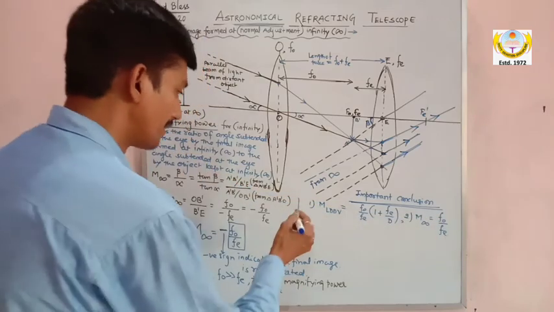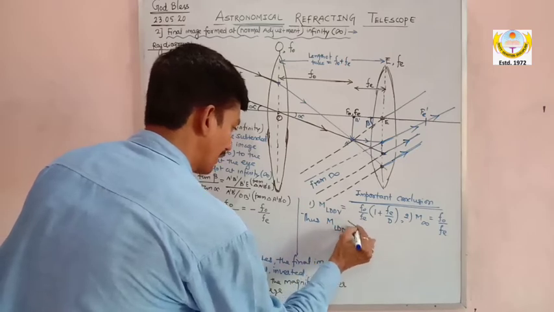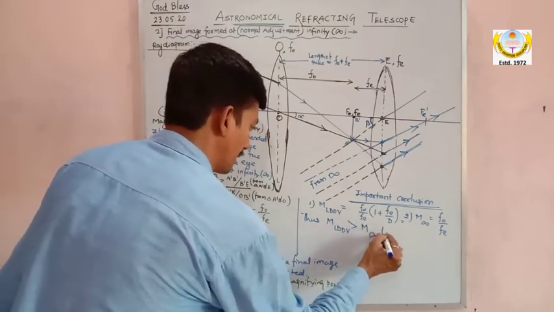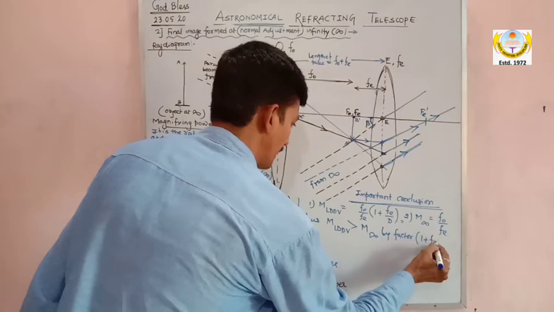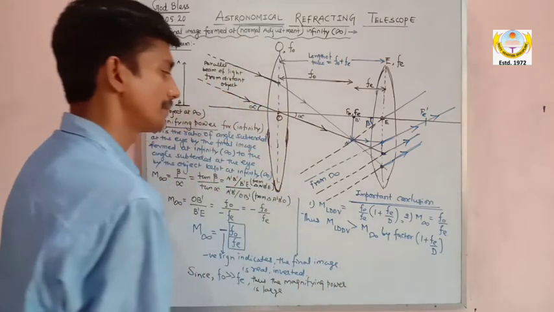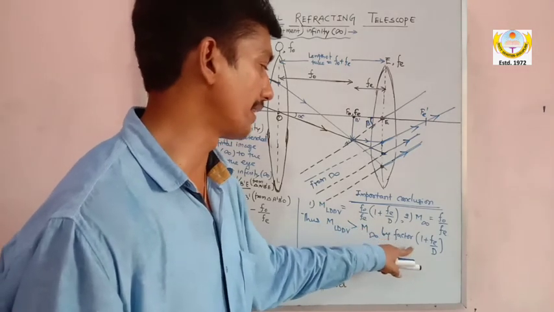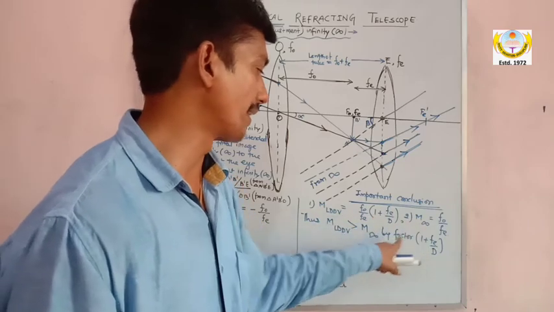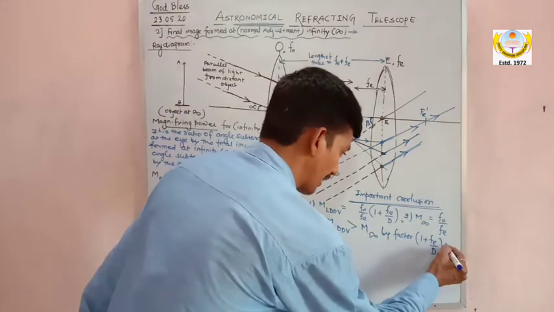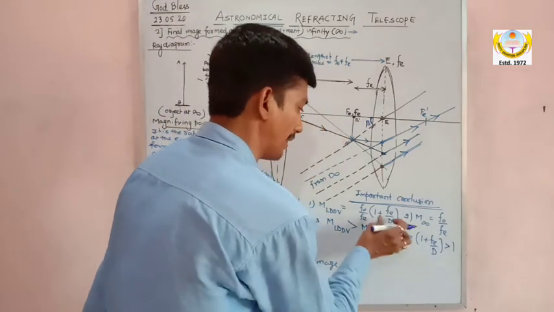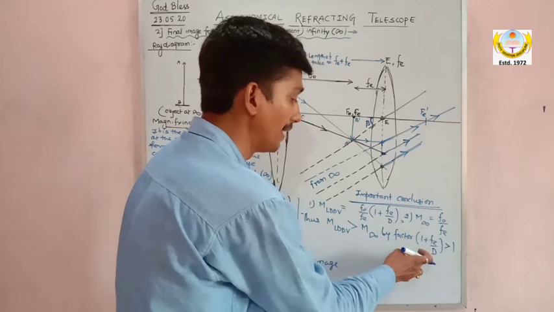You can see, my dear, thus the magnifying power at LDDB is greater than the magnifying power at infinity by a factor of 1 plus FE by D. This factor is greater than 1, because the focal length of a convex lens is always positive and D is also positive.